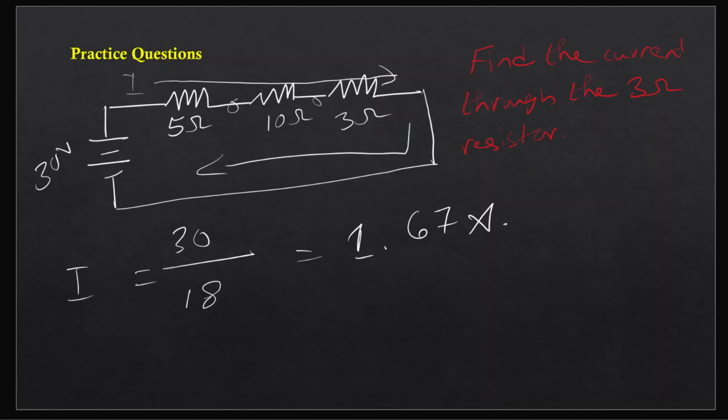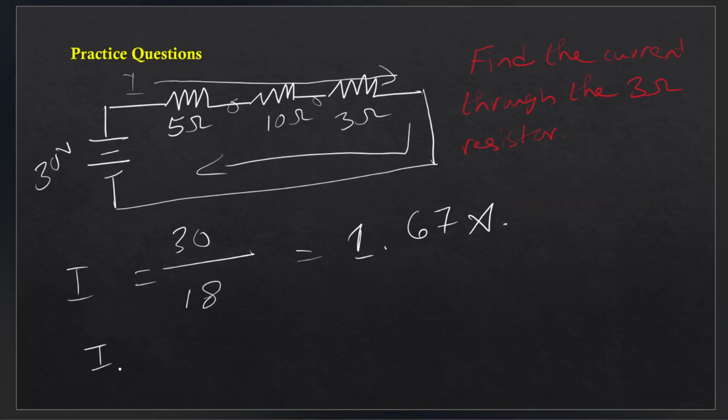Now if you want to prove using the current divider rule that the current through all series components is the same, we can do that. So I3 ohms is equal to the total resistance on top, so that's 18. Then we need Rx. Again, remember, for a series connection, we use the entire branch. Here there is only one branch, and that is 18.